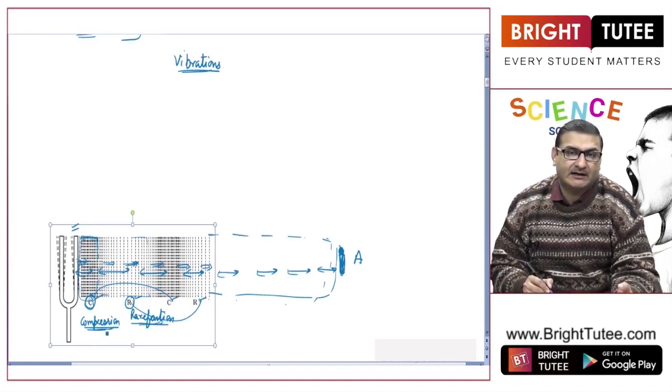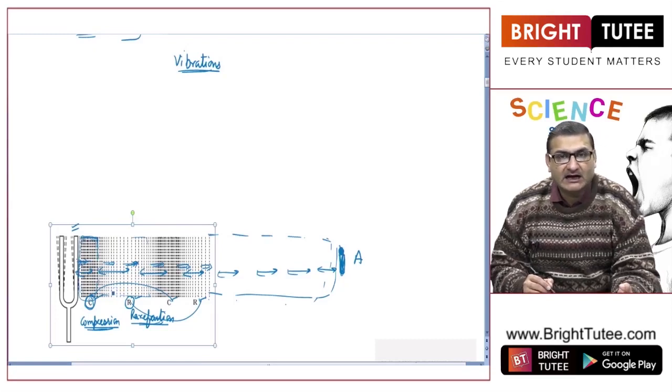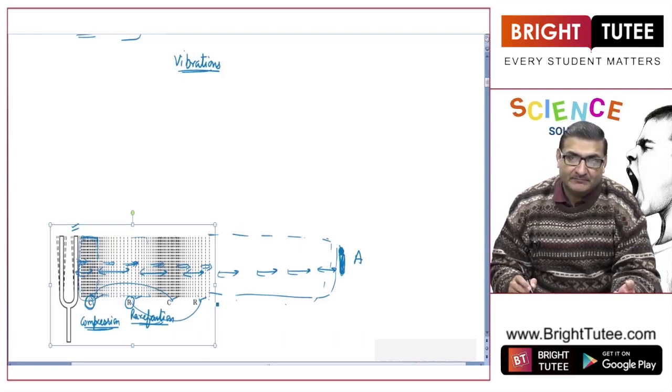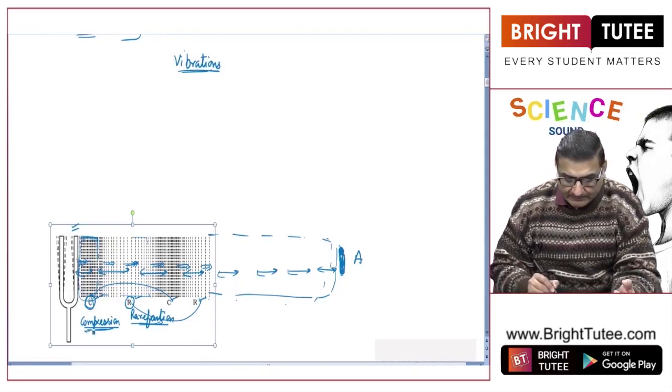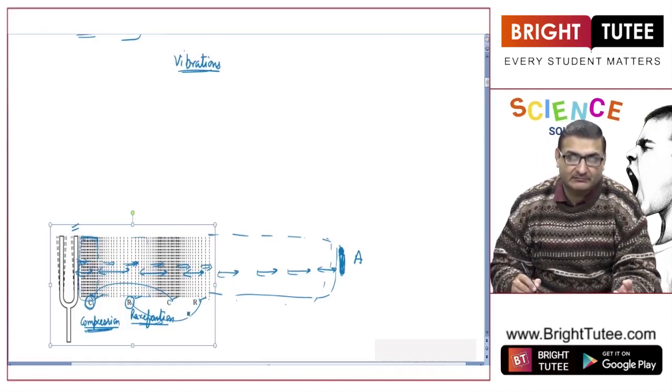Compression is that part of the sound or the air where the particles are closer to each other, and because the particles are closer in that limited area, the density increases in compression, and because the particles are closer, they will be exerting high pressure. So the compression part is a region of high pressure as compared to the rarefaction. Now what is rarefaction?